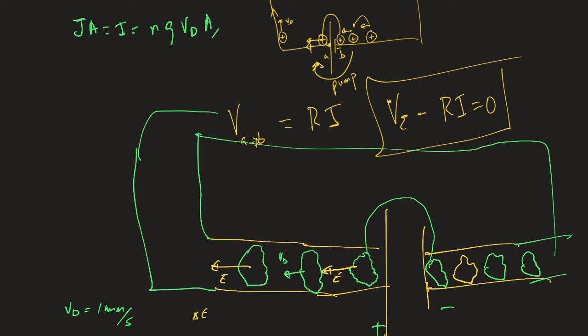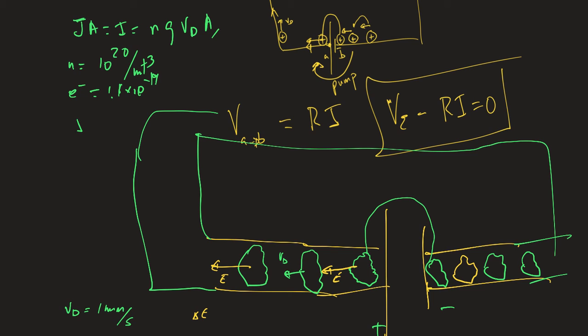So you place numbers, let's say n, the number of charges per unit volume, is 10^20 moving particles per meter cubed. You plug in numbers, electrons, 1.6 times 10^-19.